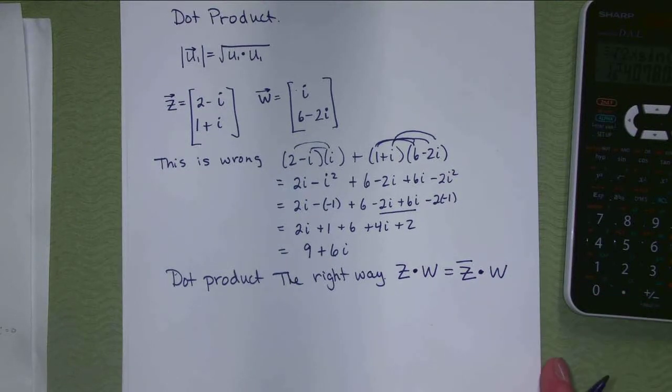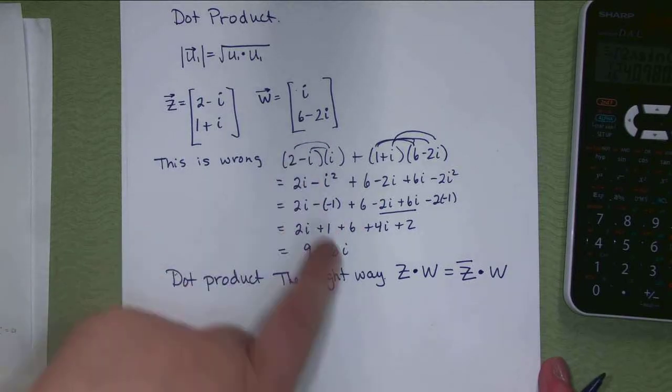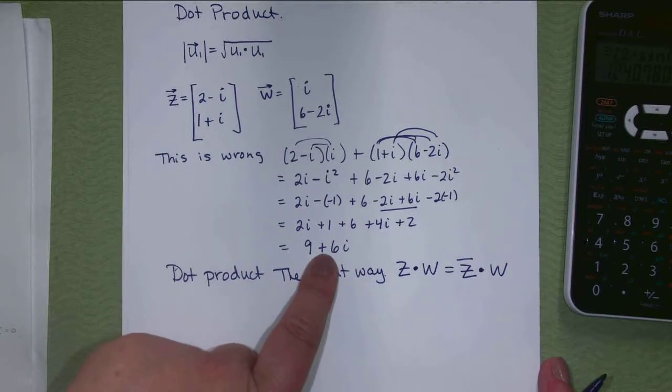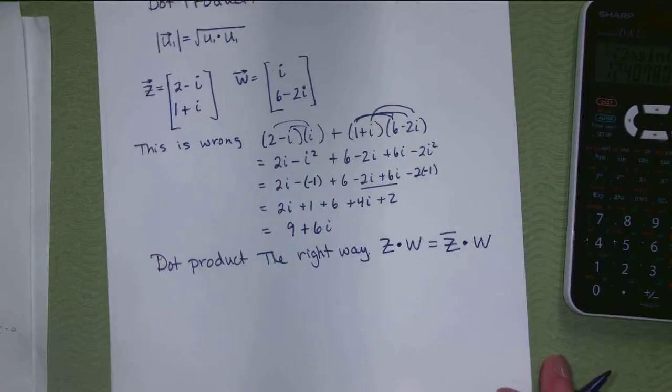Okay. So what this does is when we're trying to find a length, it will actually give us a number rather than a complex number. In the regular dot product, this could still give us a complex number, but it can't be a length. So what am I saying?